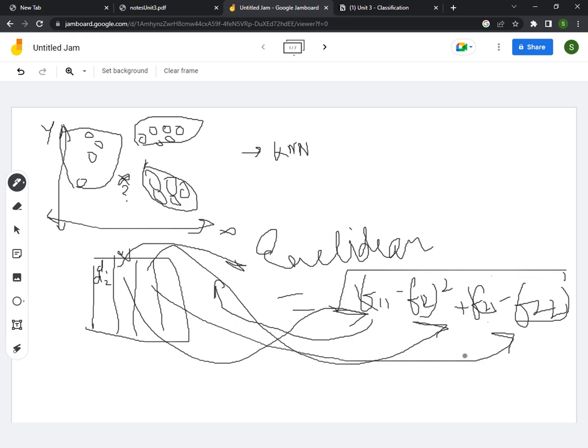So this way we find the distance between two data points, and then we calculate the distance from this new point to every other data point, and check which data point or which class is nearest to this particular data point.